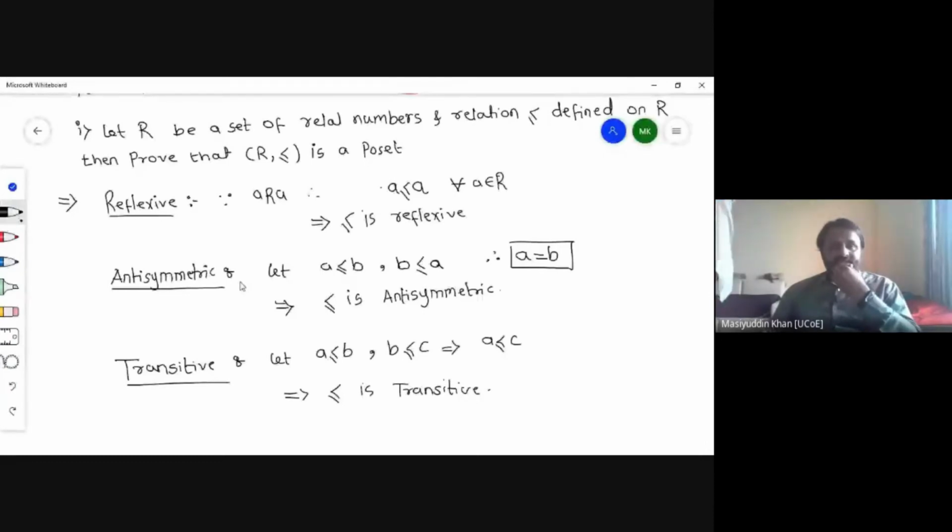Okay, anyone having any doubts regarding this reflexive, antisymmetric, and transitive, or regarding any of these questions, you can ask, or we'll move ahead with the next example.